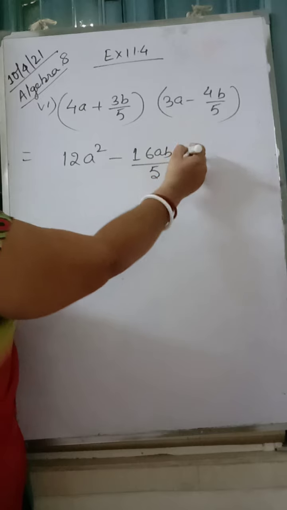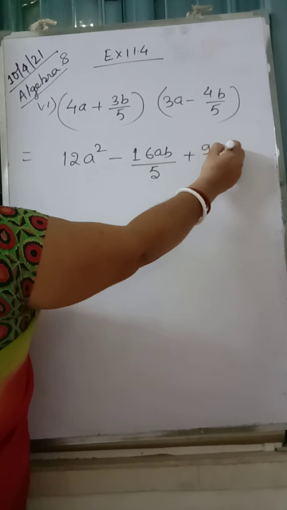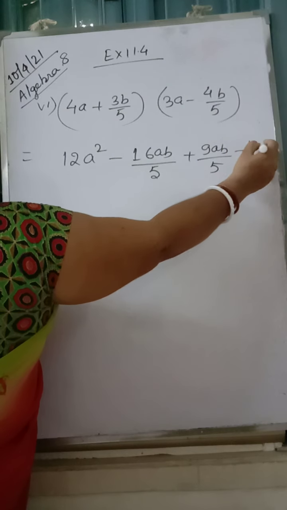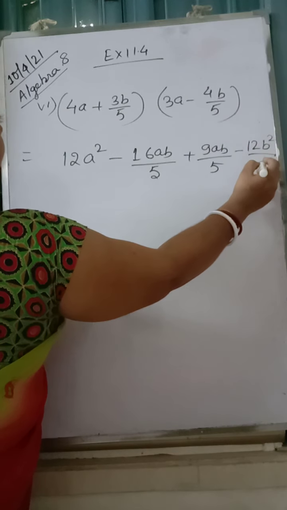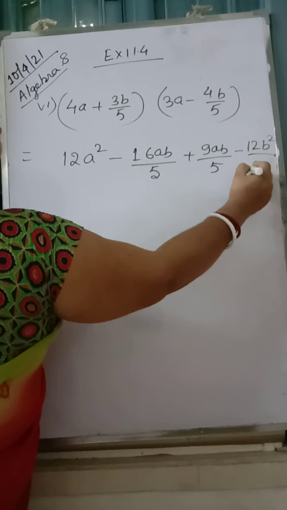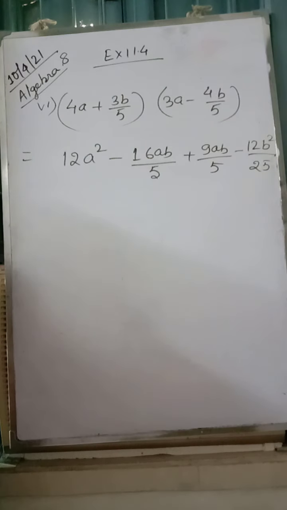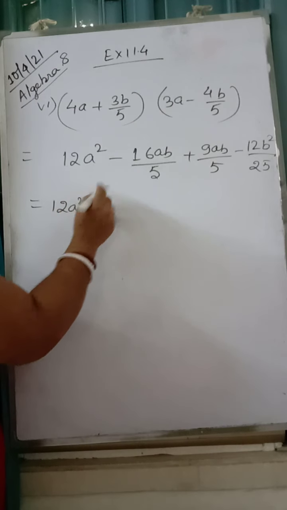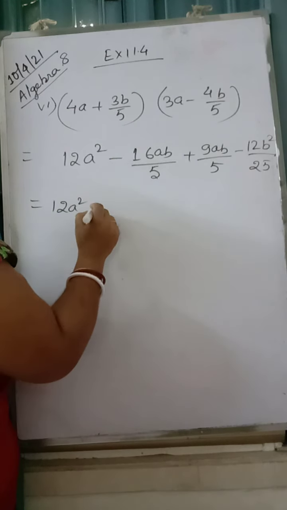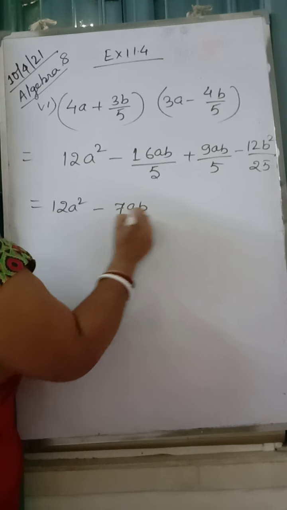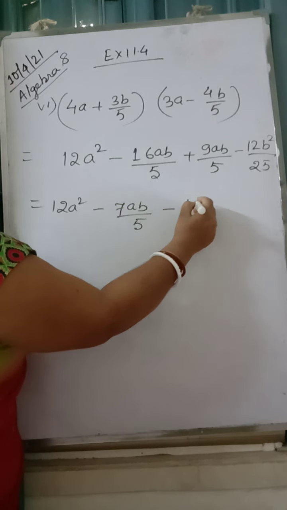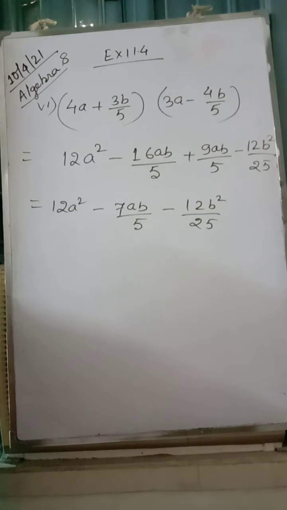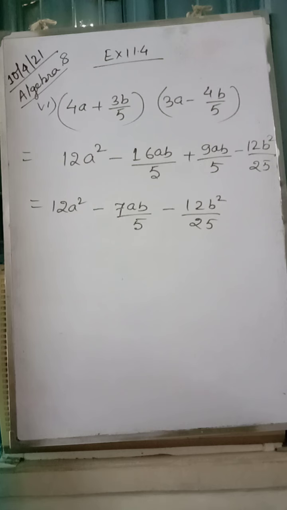Now 3a into 3b, 9ab by 5. Now plus minus minus, 3 4s are 12b square by 5 5s are 25. Now 12a square minus 16ab plus 9ab gives you minus 7ab by 5, minus 12b square by 25. So this is question number 6.